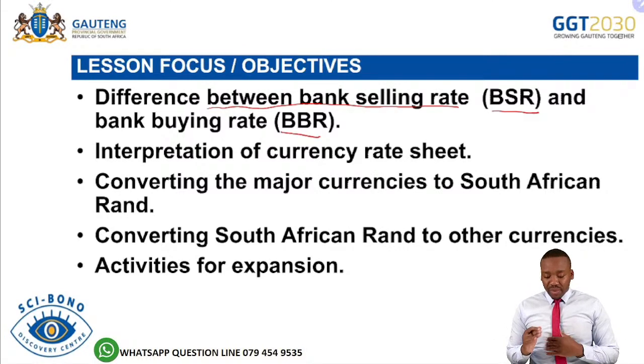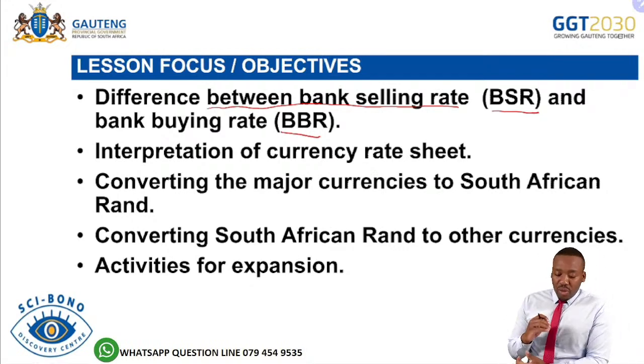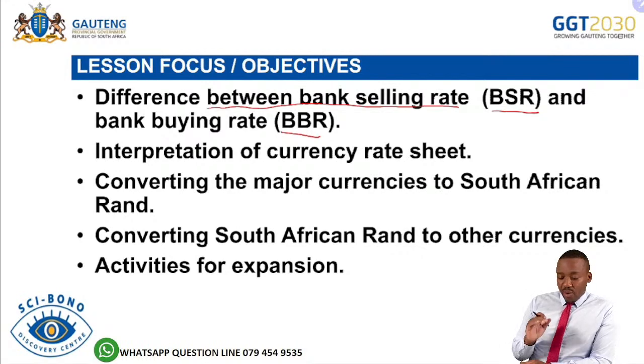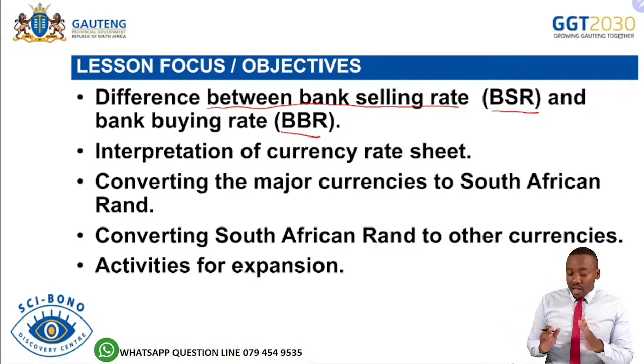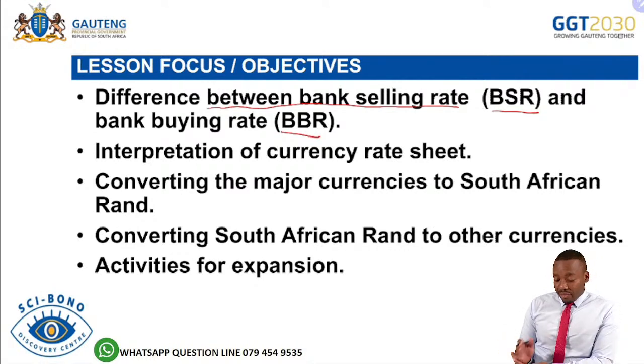These 2 concepts come from what we were dealing with last week when we spoke about exchange rates. And we said an exchange rate is the value of one currency in relation to another currency, or the rate that a bank will use either to buy, if not to sell a foreign currency.